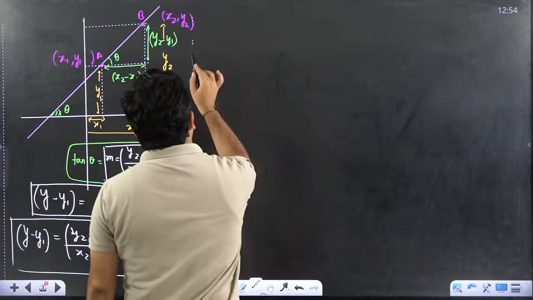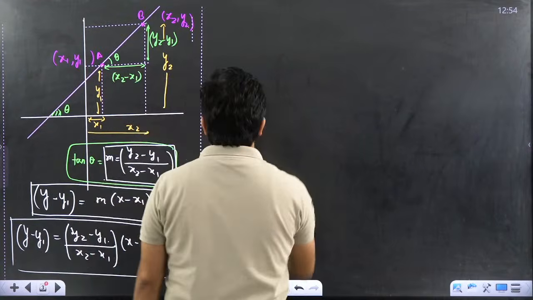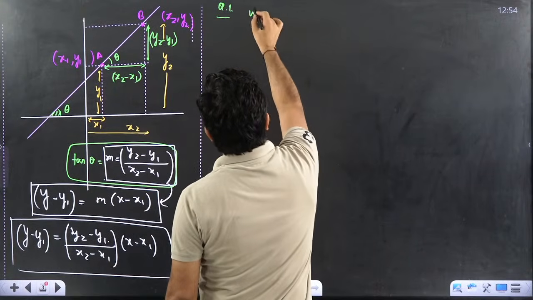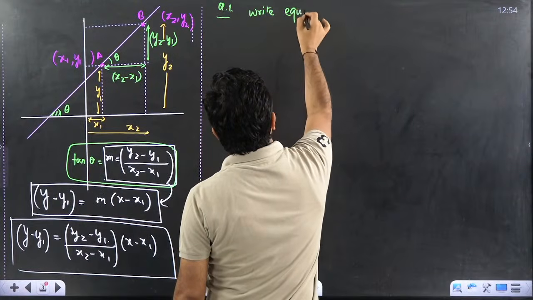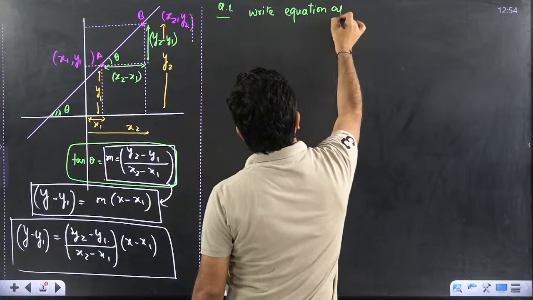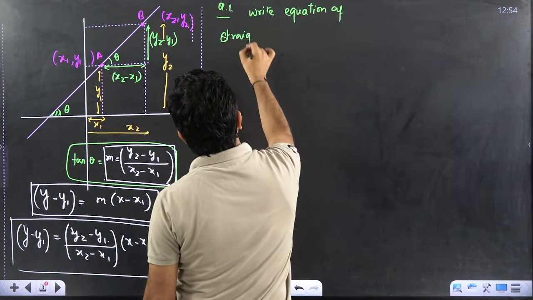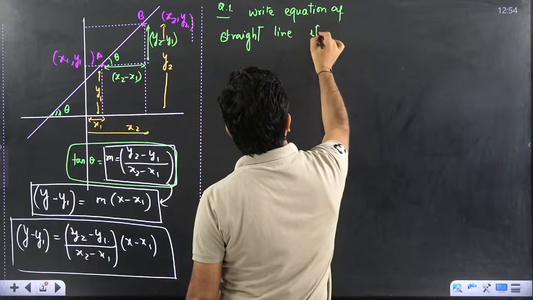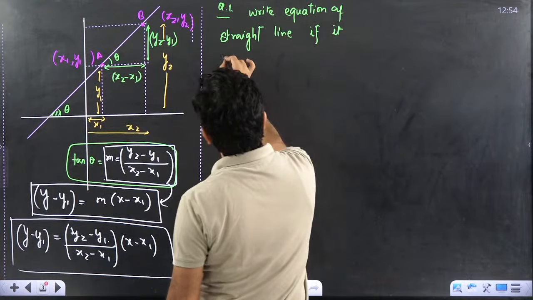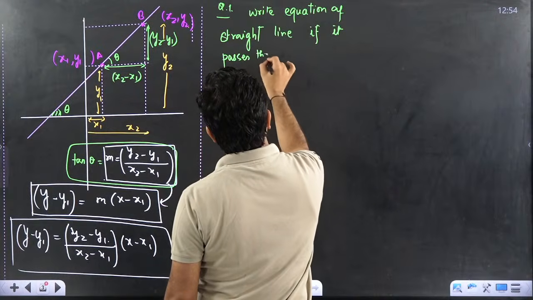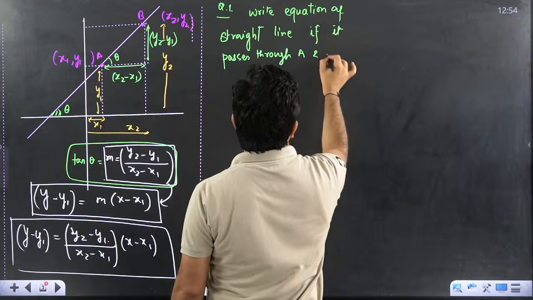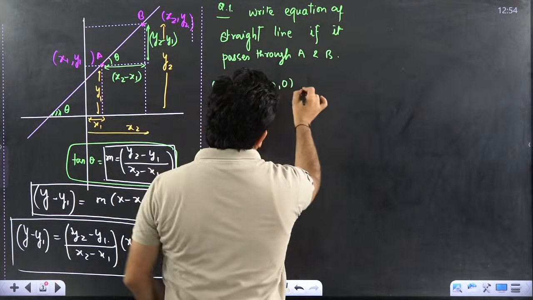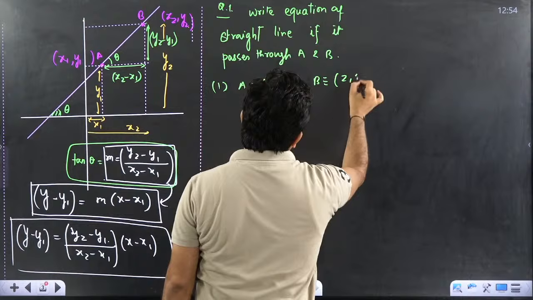Next example, the first question: write the equation of a straight line if it passes through A and B. First part: A is 0, 0 and B is 2, 1.